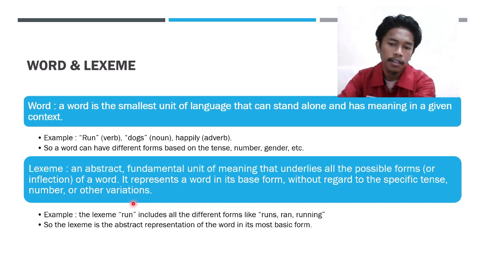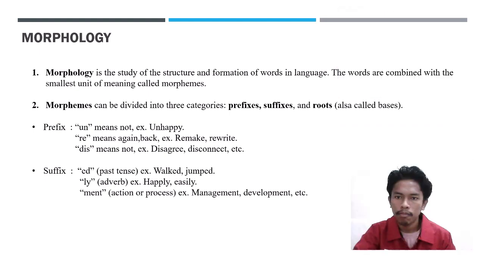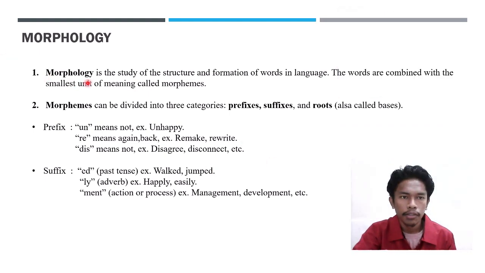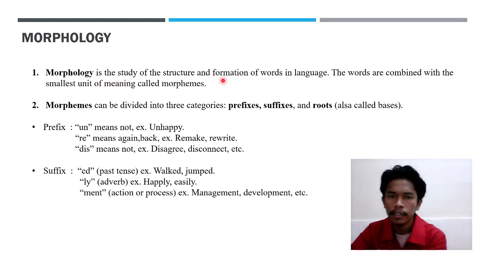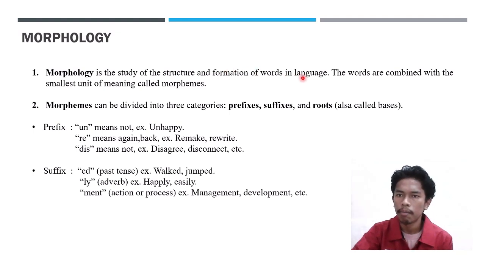Next, morphology. The definition: morphology is the study of the structure and formation of words in language. Words are combined from the smallest units of meaning called morphemes.